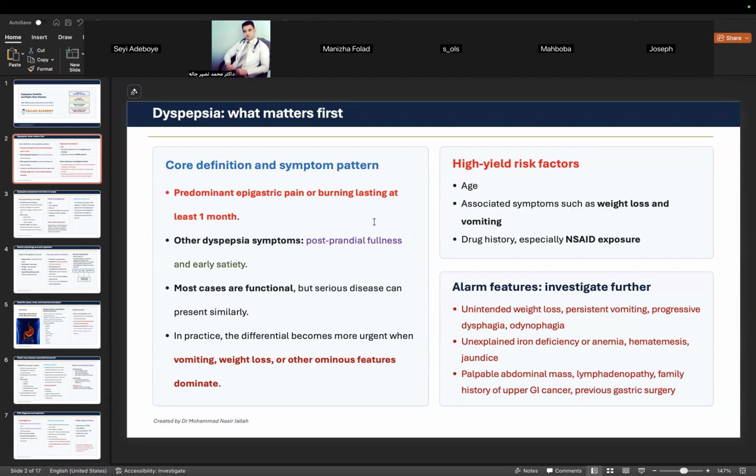Why? Because the chance of having functional dyspepsia is much less, but something like malignancy, something very serious like ulcer, bleeding, and all that is higher. So these are high yield risk factors.